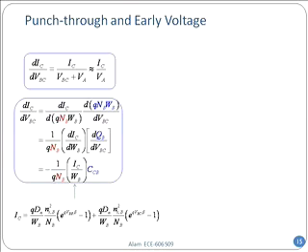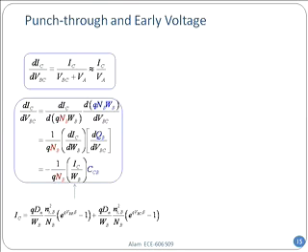I have an expression for IC which is inversely proportional to WB. If I take a derivative with respect to WB, I will pick up a 1 over WB squared. Now the whole expression is divided by WB squared; one of the WB I can pull back into IC, and the second WB is what remains there. So therefore the derivative, you can convince yourself in a second, is indeed that formula.